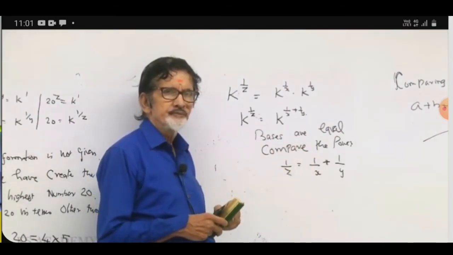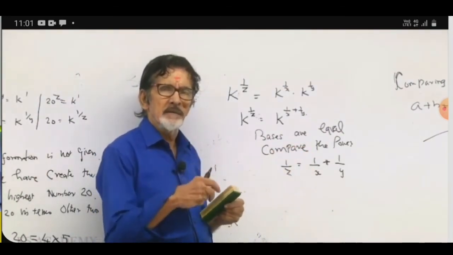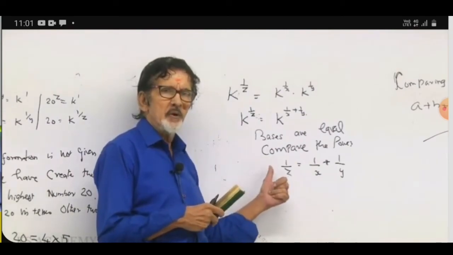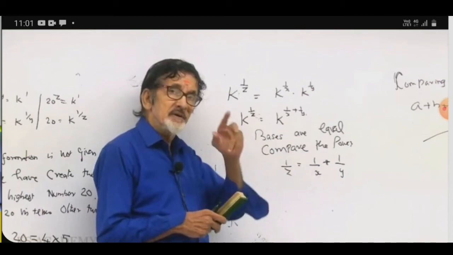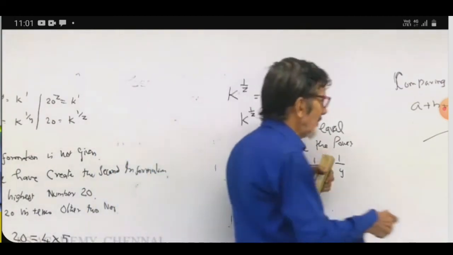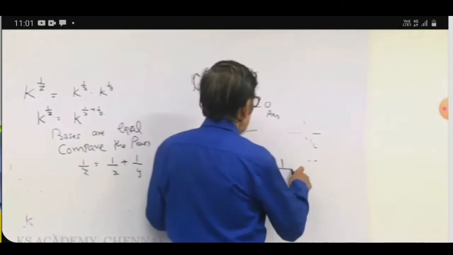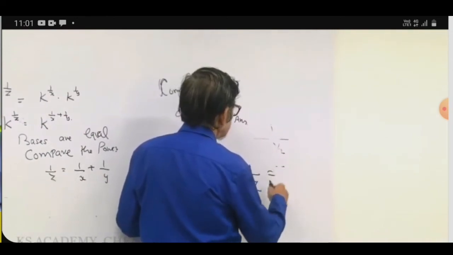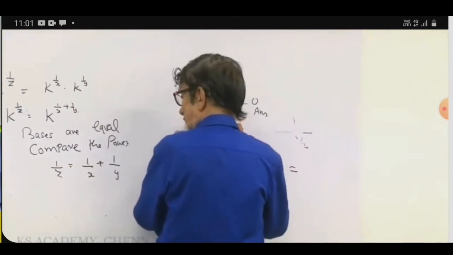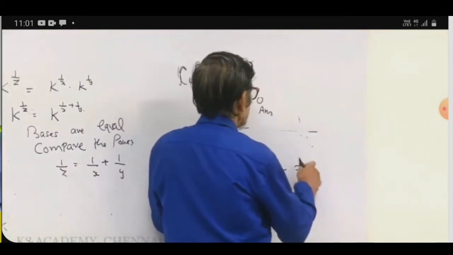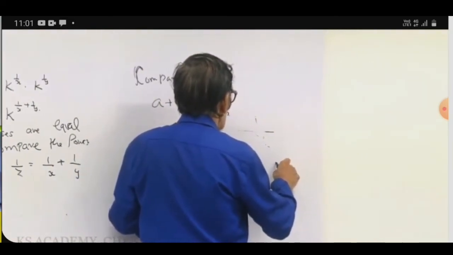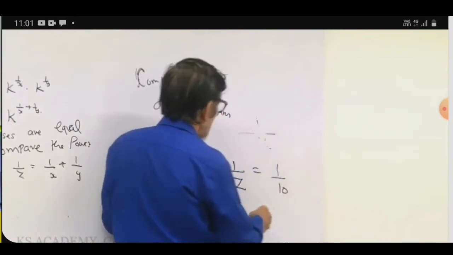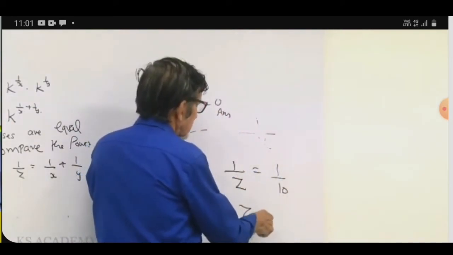When is inversion possible? When the left hand side has only one fraction and the right hand side has only one fraction. Suppose 1 by z is equal to 1 by 10, invert, z is equal to 10.